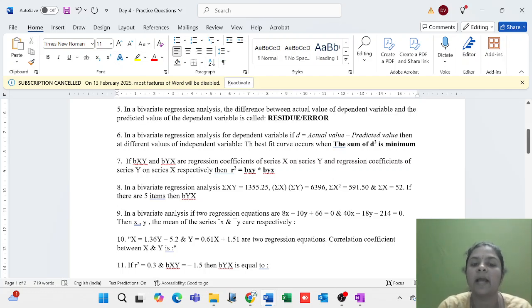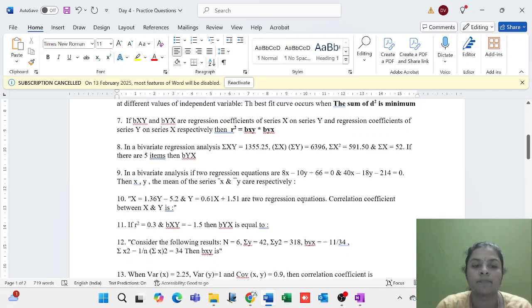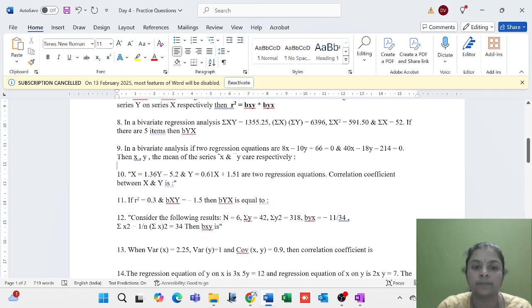You can use the formula n sigma xy minus sigma x into sigma y divided by n sigma x square minus sigma x the whole square. Directly you can find the answer. Is that clear? Yes, ma'am. Ninth one.